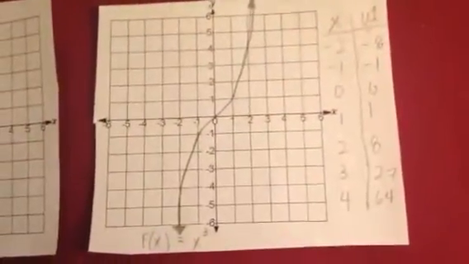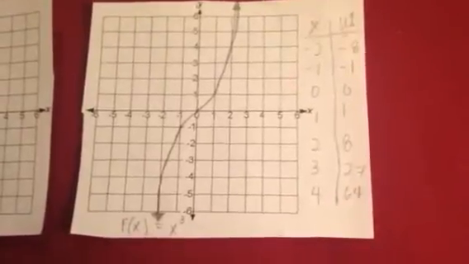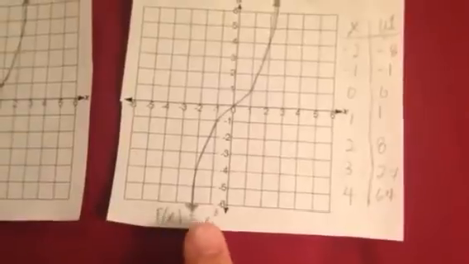This is an example of a cubic function, or this is the parent function for it. And this is f(x) = x cubed. And this is the table. Okay, let's start with quadratics.